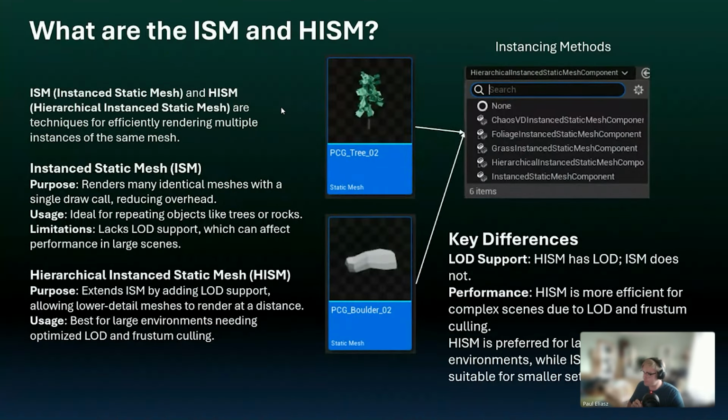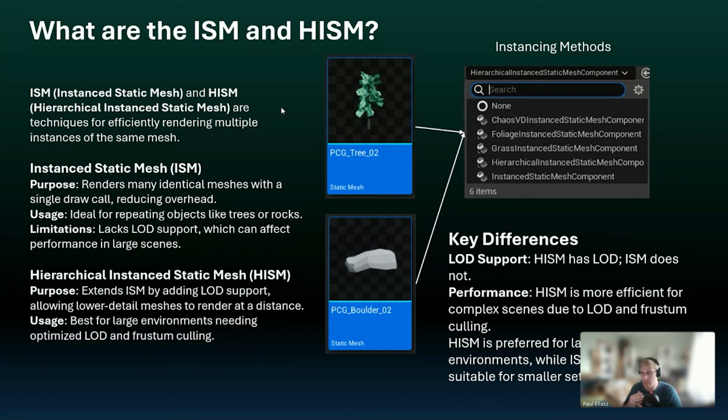So that's why, in this case, some of you may be familiar, if not, then for you beginners, in Unreal there are two types of static meshes, right? There are more static meshes, but the ones we talk about are the ISM, which is Instanced Static Mesh, and the other one is Hierarchical Instanced Static Mesh.